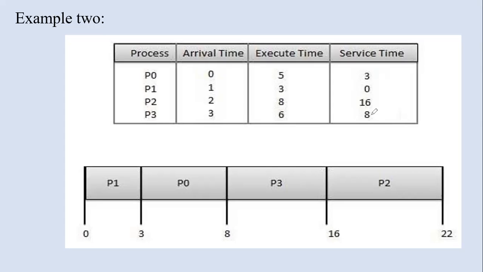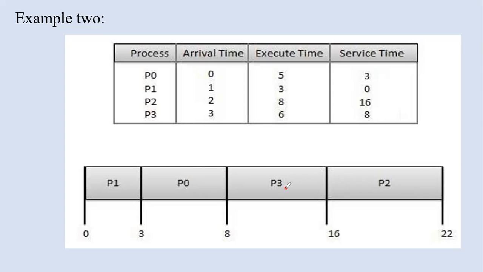So based on the amount of time each of them will get being executed, according to the algorithm of shortest job first, the first one to be attended to will be P1, which has execution time of 3, followed by P0, which has execution time of 5.